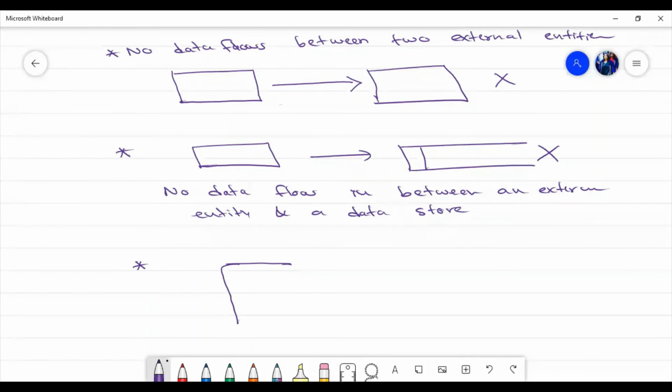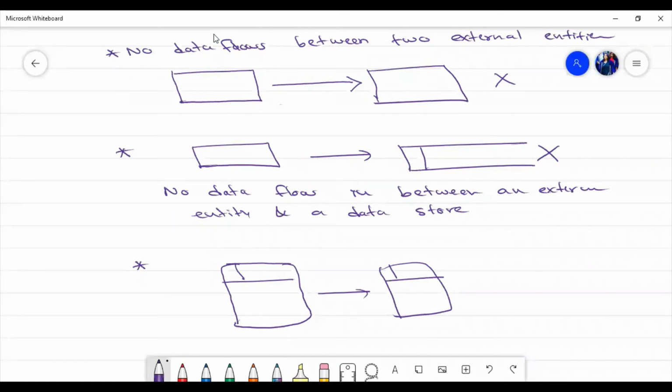And then process to process data flow. What do you think? Can we have it, or is it prohibited?